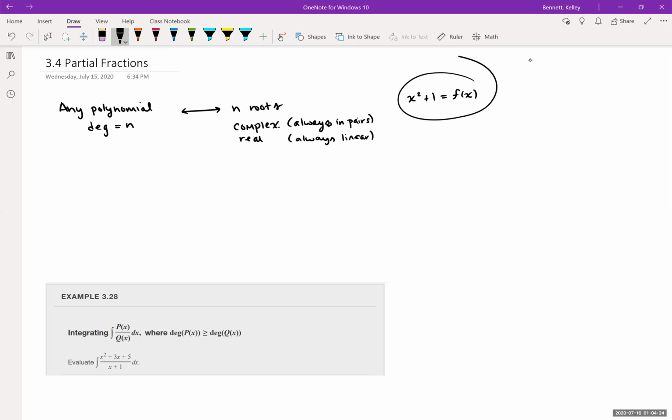It's this guy here. So here you're looking at a degree 2 polynomial with 2 roots, right? Because the number of roots always matches the degree, but both of these roots are complex. In fact, and this won't be on the test, so don't worry, you could break this up into x minus i times x plus i, right?